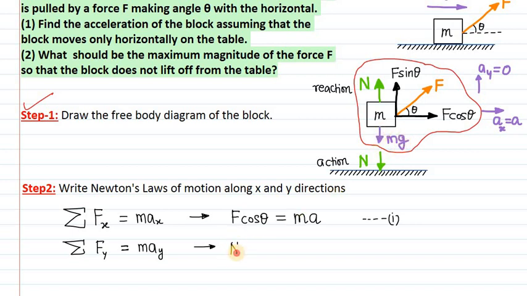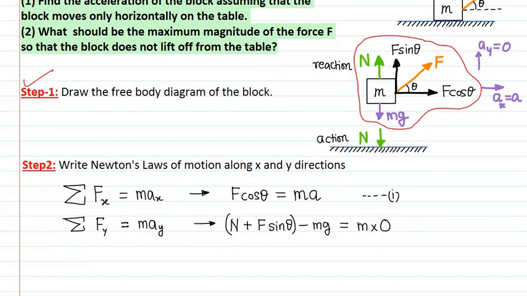So the summation of the forces would be written like N plus F sin theta minus mg. You see N plus F sin theta, both of these are upward direction, so they are taken positive, and mg is acting downward, so that is taken negative, is equal to mass multiplied by ay. But look here, ay is equal to 0. Acceleration in the y direction is 0.